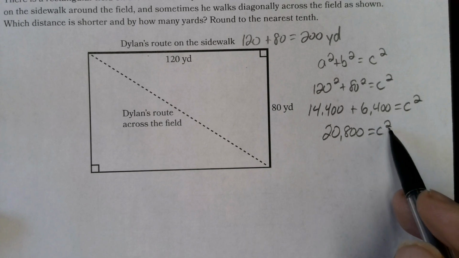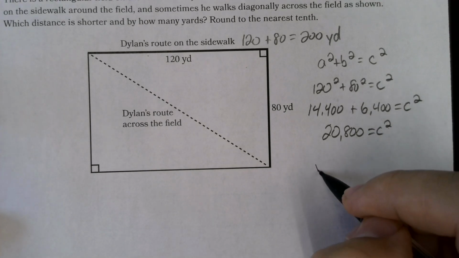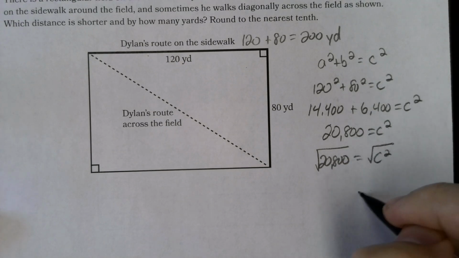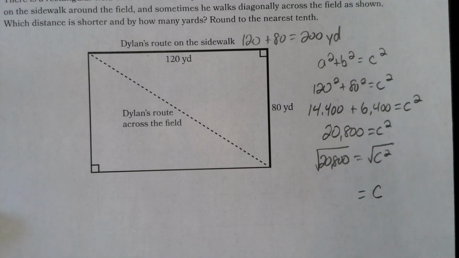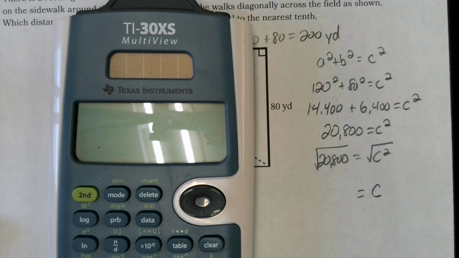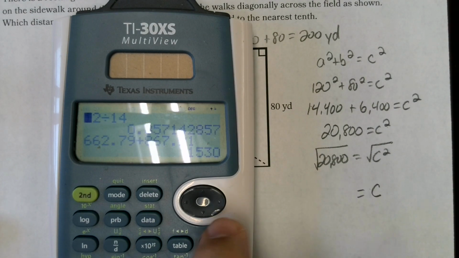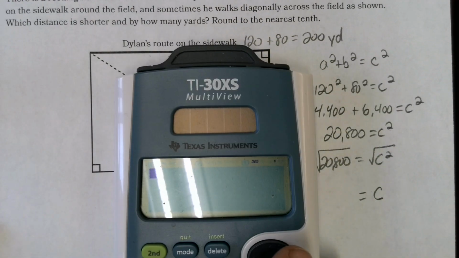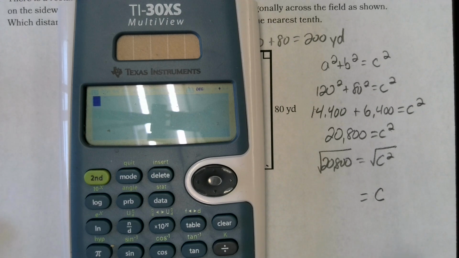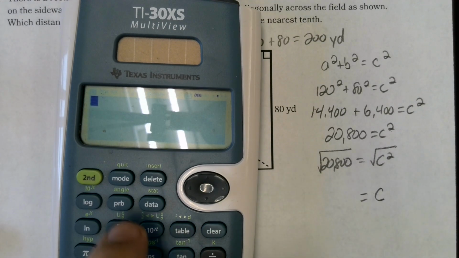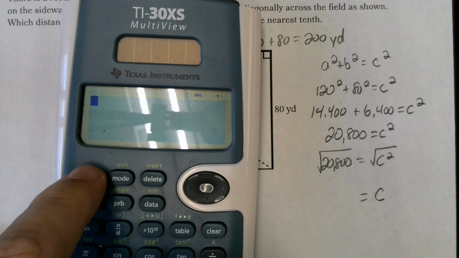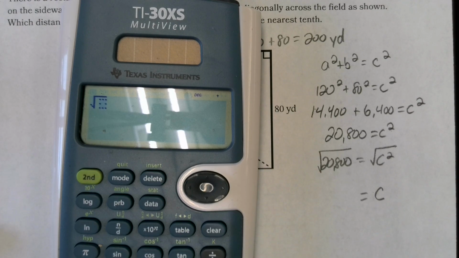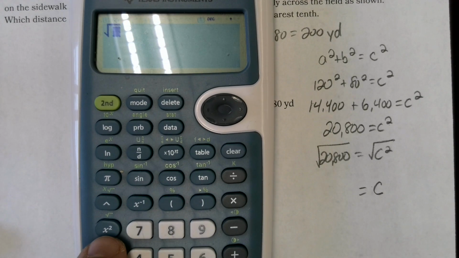And again, to eliminate the square on C, we're going to take the square root. Squares and square roots cancel out. You can bring out your calculator here, because even though this is not a perfect square, we need to find a distance to the nearest tenth. Most of you are probably going to type in second and hit the square root button, which is right above the squared.